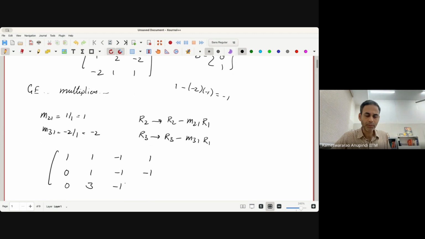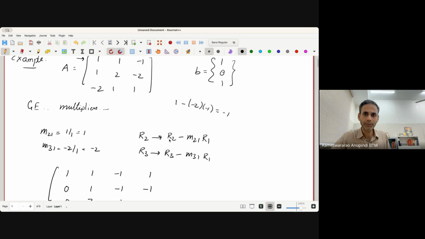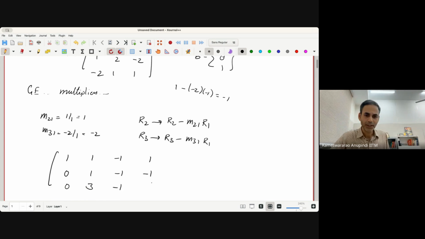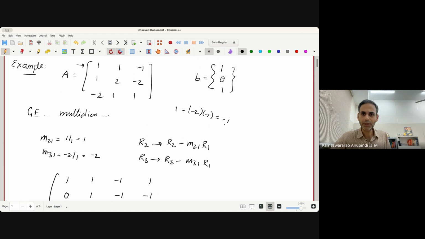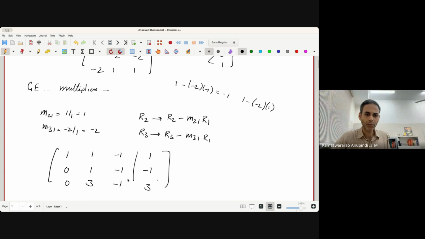Okay, so that's going to be minus 1. And then on the right hand side, we have 1 0 1. So this is going to be 1 minus of minus 2 times 1, that's 1 plus 2, which is 3. Okay, so that's after the first row operation.